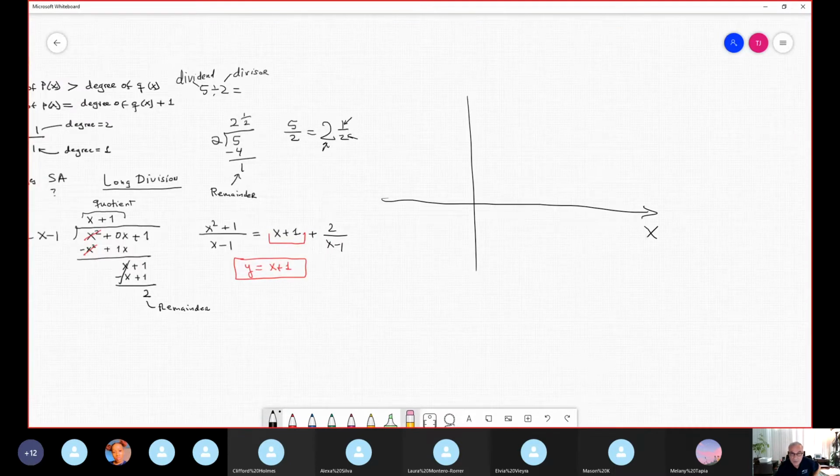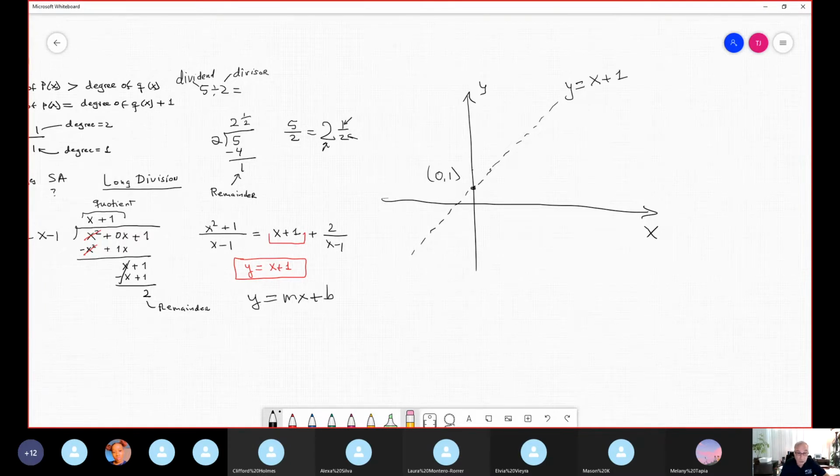You plot the slant asymptote, it's super easy because I suppose you remember the formula y equals mx plus b, the equation of a line. b is 1, so it passes through the y-intercept (0, 1), and the slope is also 1. m is 1 and b is 1. So run and rise, 1 up, 1 to the right, and you get the slant asymptote y equals x plus 1.